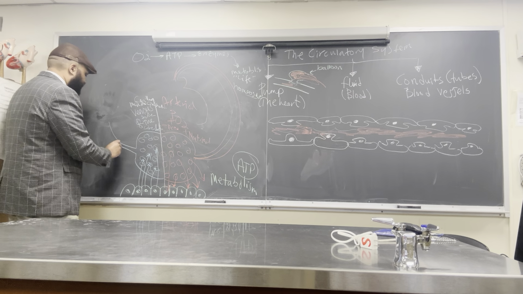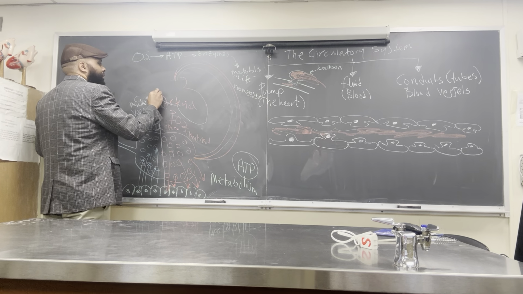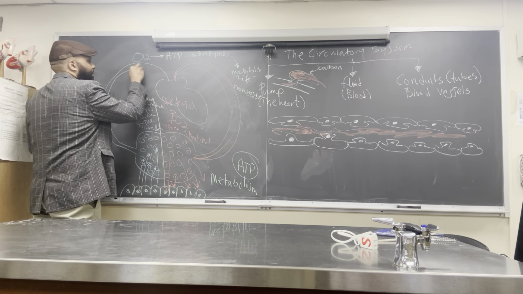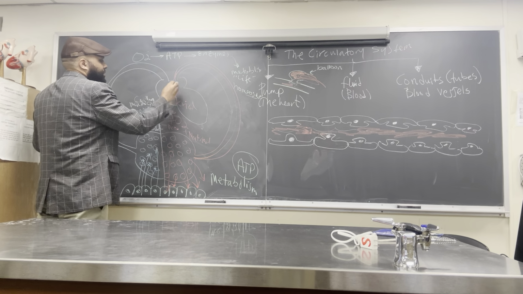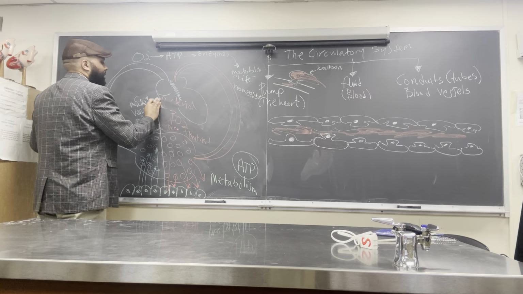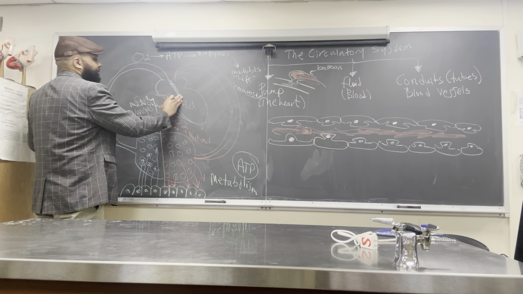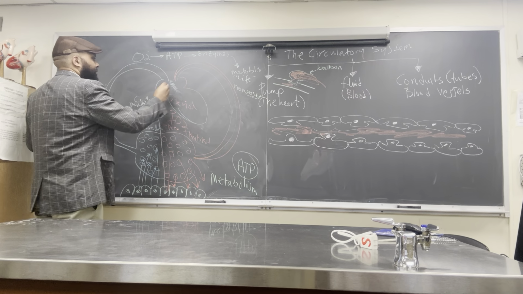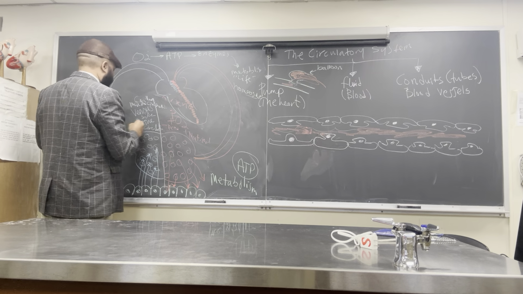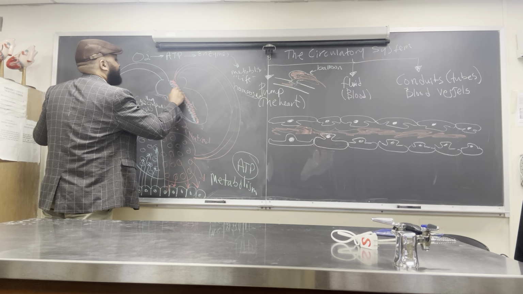Now, if you look at the venous side, it is now going to receive through the vena cava. So this is your interatrial septum.